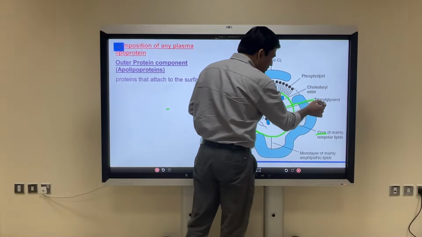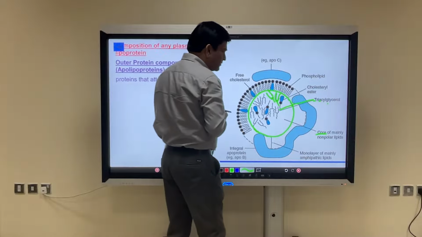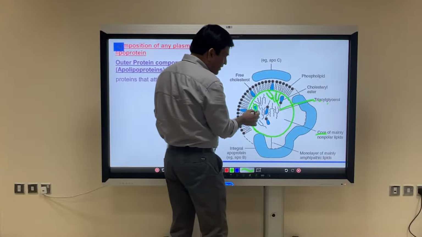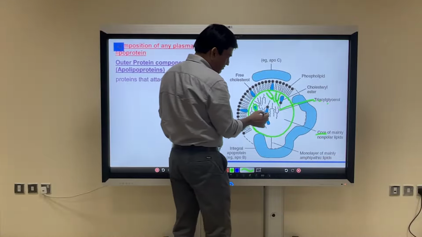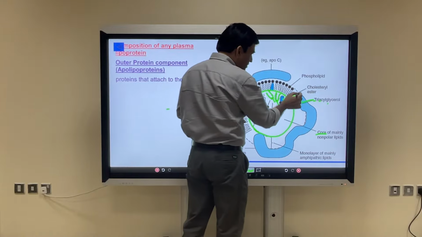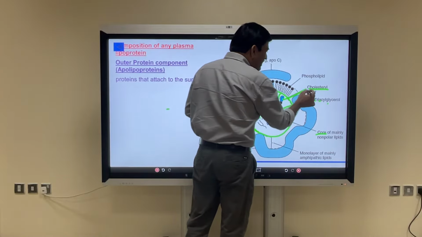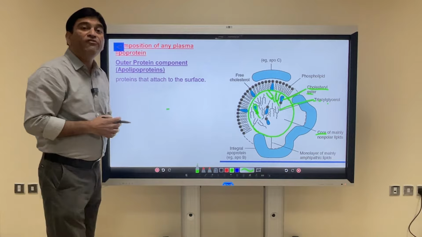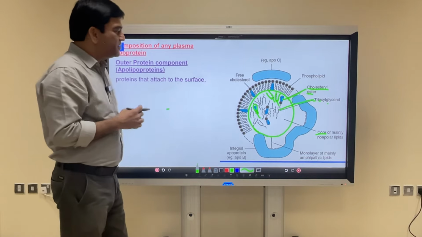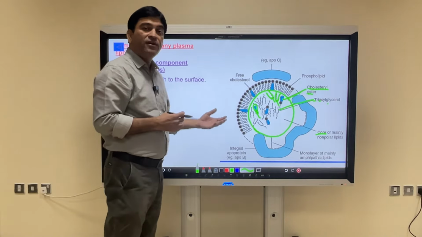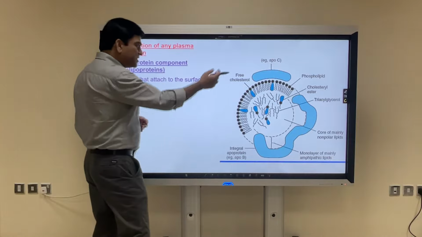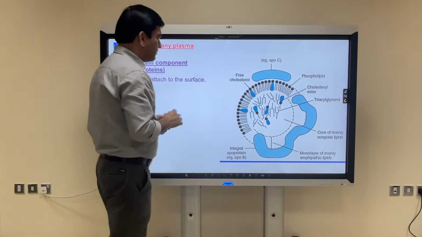Triacylglycerol, TAG. Then you have something very similar to free cholesterol over here, but they have a tail. What is this? This is cholesterol ester, or you call it CE. So this is one of the examples of amphipathic. One side you have a hydrophilic group, and the other side you have a hydrophobic group, and one of the examples is lipoprotein.